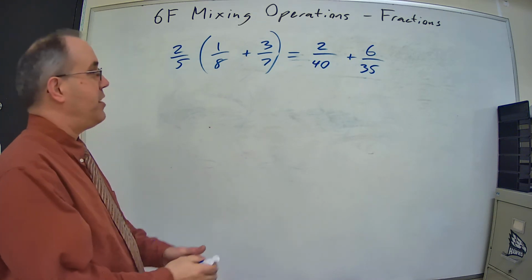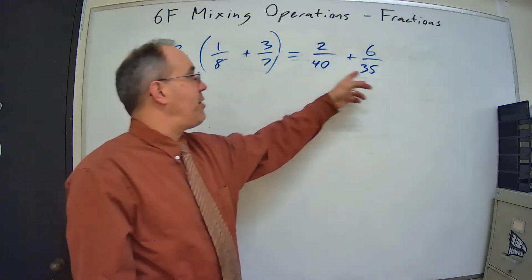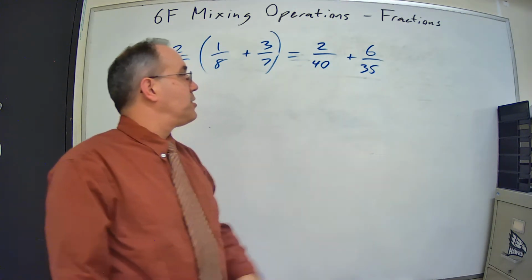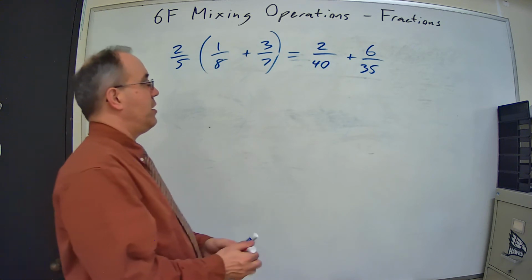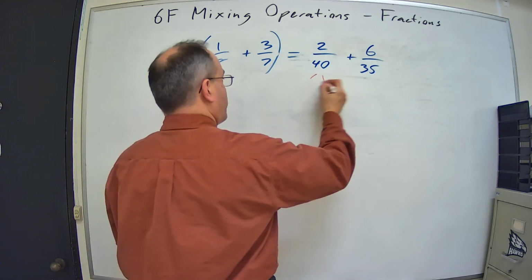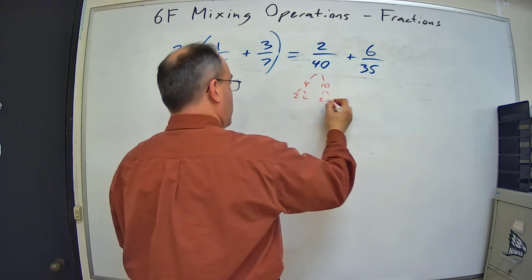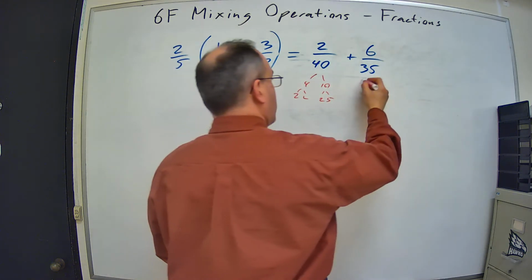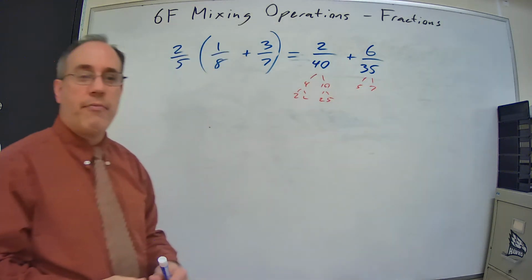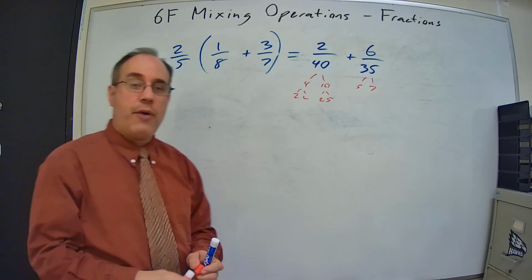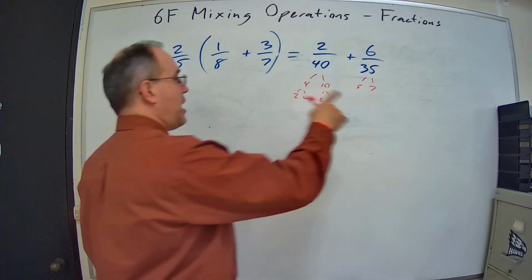And then once I have this, I can work through it. I've got 40 and 35. So I'm looking for a common denominator of 40 and 35. Well, let's break this up. 40 is 4 and 10. That's 2, 2, 2 and 5. 35 is 5 and 7. So I just did the prime factorization, knowing that if I want a common denominator, I'm going to need to take the most times that things occur.